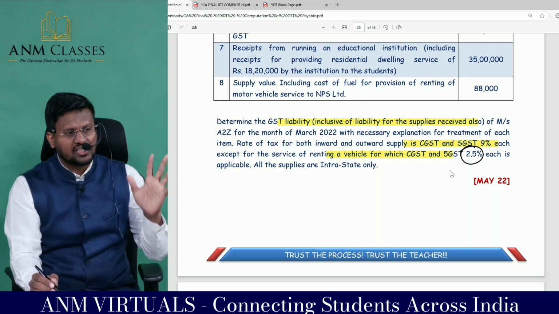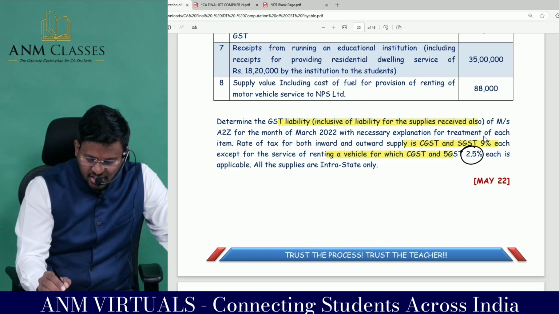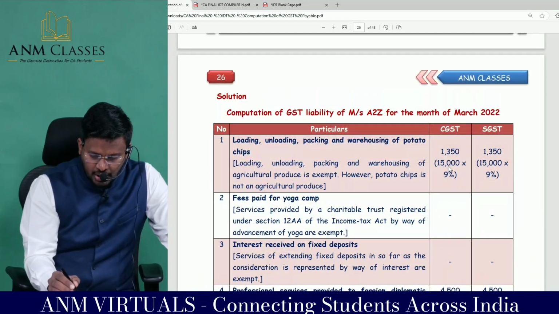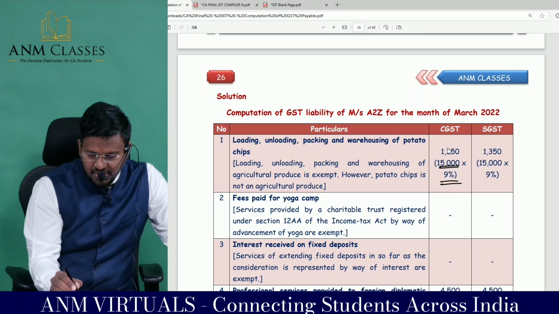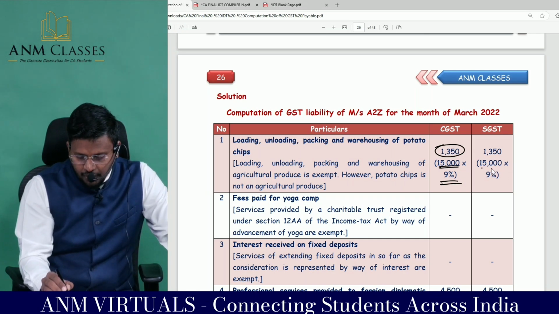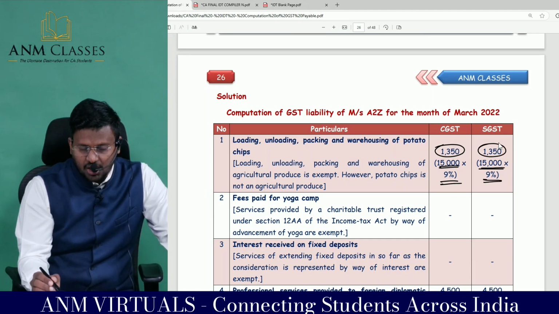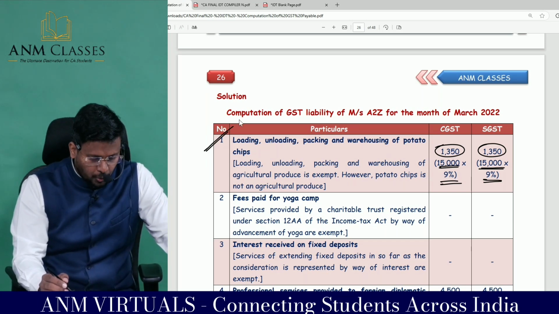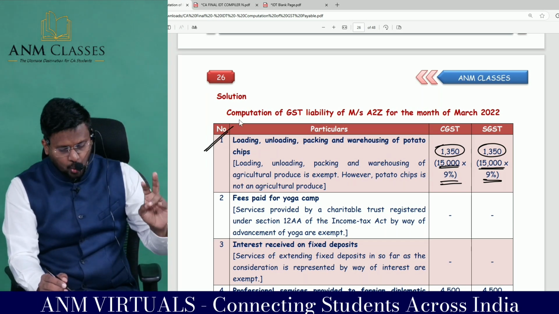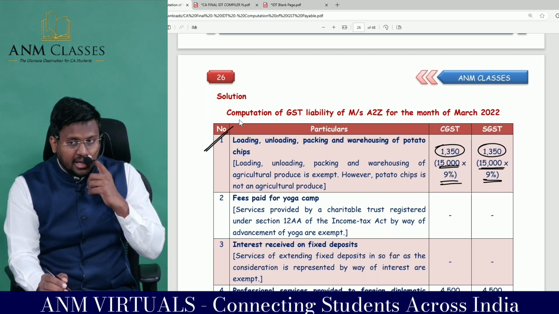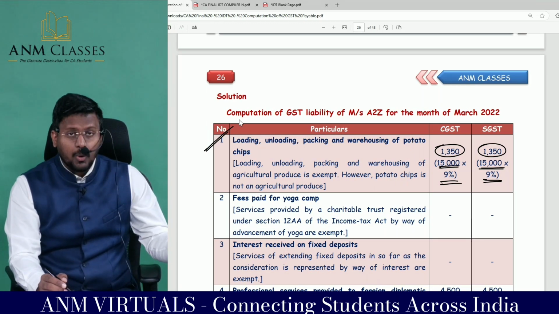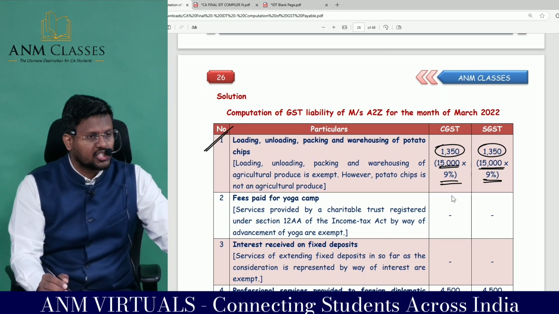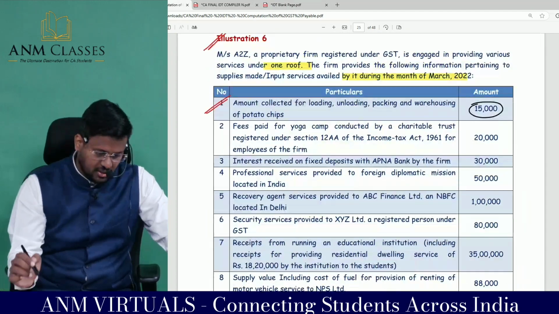All the supplies are what state supply? That means CGST and SGST at 9% each. So 15,000 into 9%, 1,350 CGST, 15,000 into 9%, 1,350 SGST. Loading, unloading, packing and warehousing of agricultural produce is exempted. However, potato chips is not an agricultural produce, hence it is liable to GST.